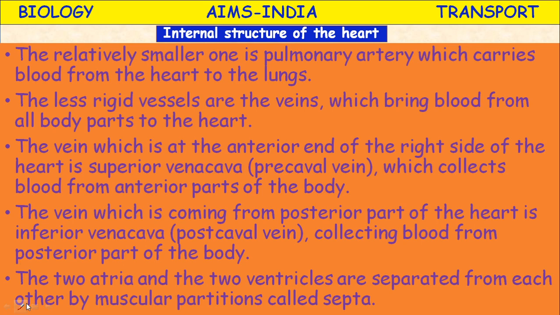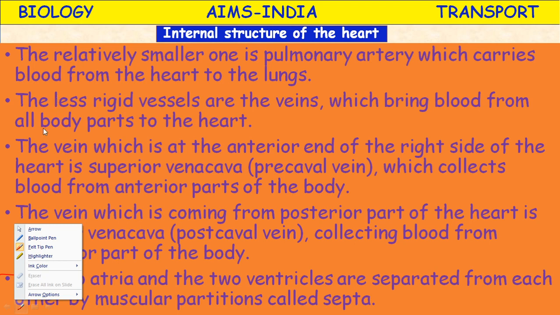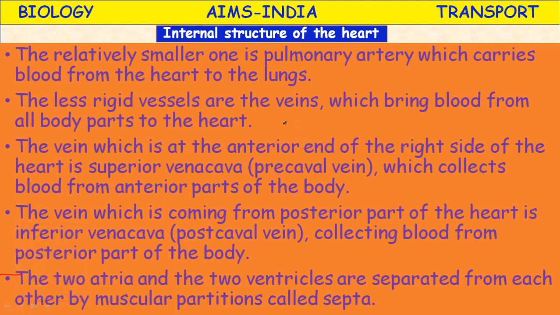The pulmonary artery starts from the right ventricle and carries blood from the heart to the lungs. The next one, the less rigid vessels, are the veins. Compared to arteries, veins are less rigid, their stiffness is less, and they bring blood from all parts of the body to the heart.